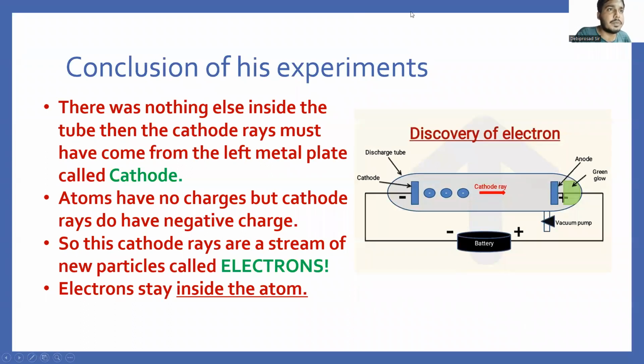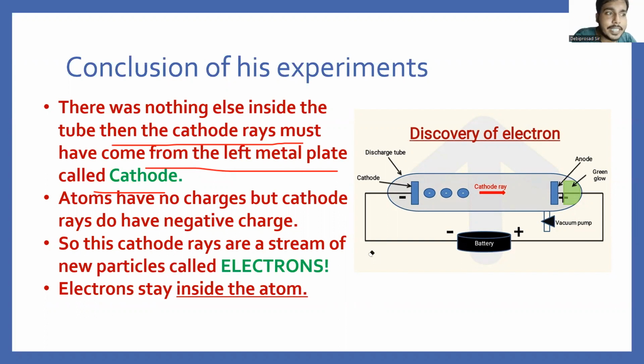Finally, he concluded that there was nothing else inside the tube, and the cathode rays must have come from the left metal plate called the cathode. Obviously, there was nothing inside the cathode ray tube previously, because everything was sucked out by the vacuum. So all of the rays are coming from the cathode towards the anode.